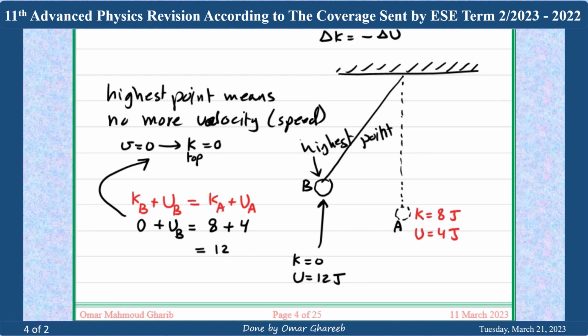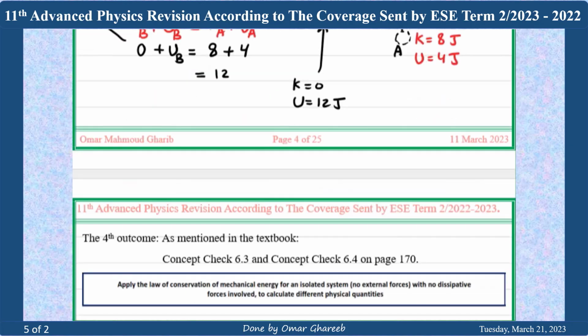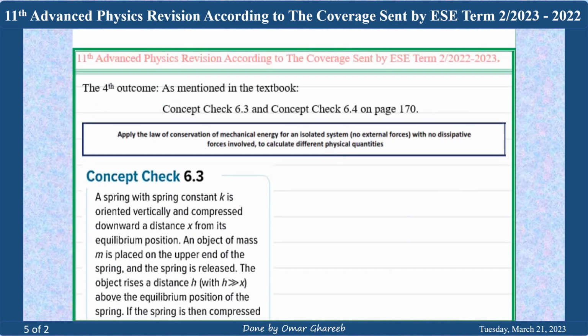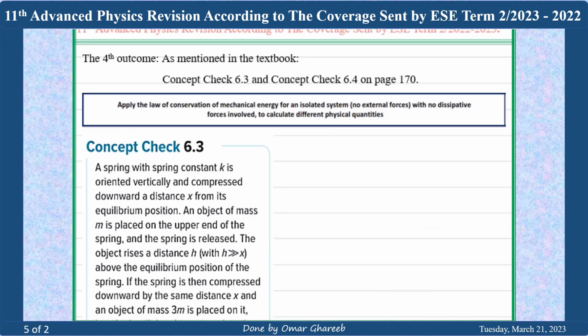Let's go to outcome number 4. For this outcome, we need to apply the law of conservation of mechanical energy for an isolated system. The meaning of isolated system is no external forces. I don't think so. Isolated system means no net force.